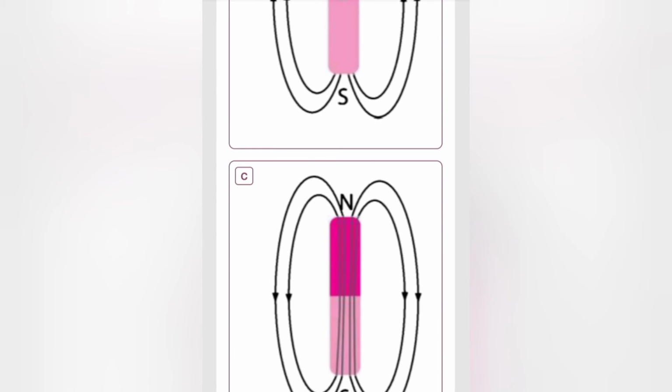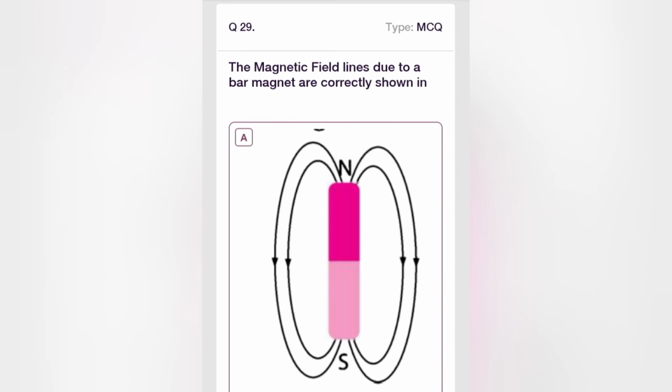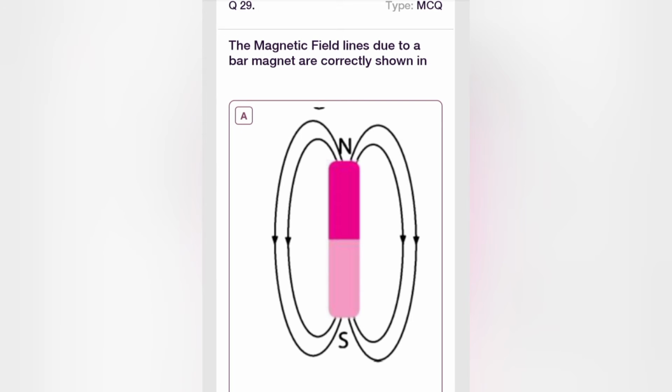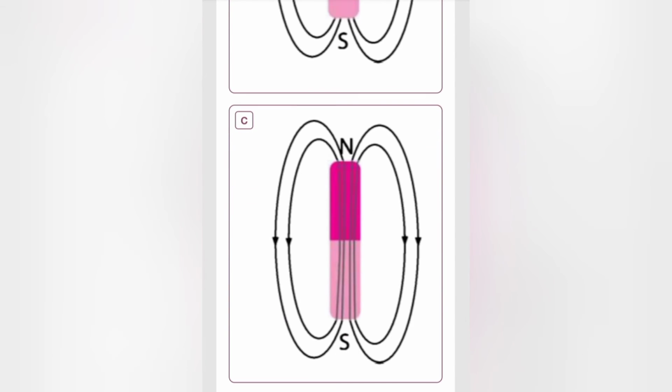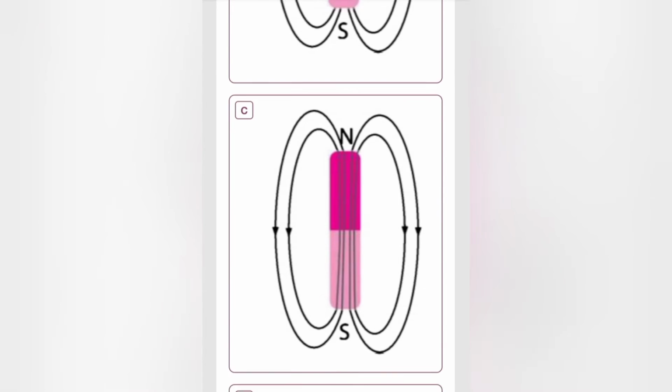It must be option C or option A. But here in option A, how the magnetic field lines will be inside the bar magnet is not shown. But in C, it is shown very clearly. So option C will be the perfect magnetic field around a bar magnet.